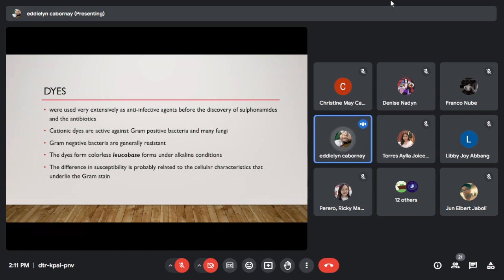The dyes form colorless leucobase. The term leucobase here is a colorless or weakly colored amine that is formed by reduction of the dye. The difference in susceptibility is probably related to the cellular characteristics that underlie the gram staining.